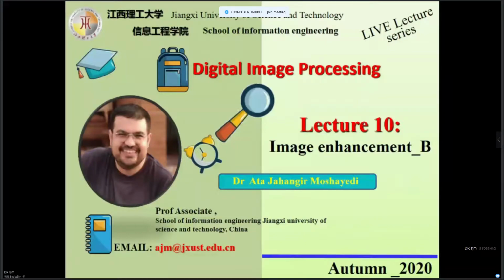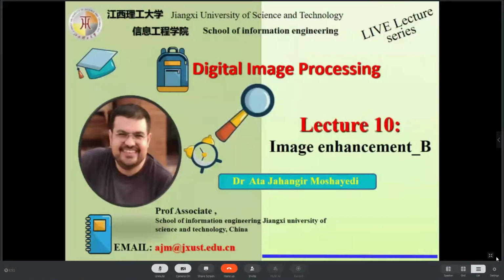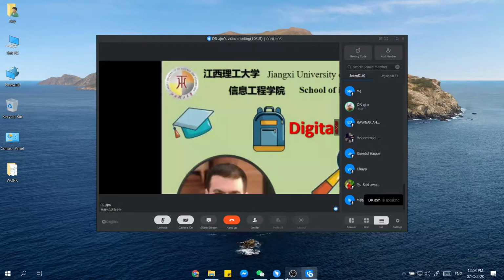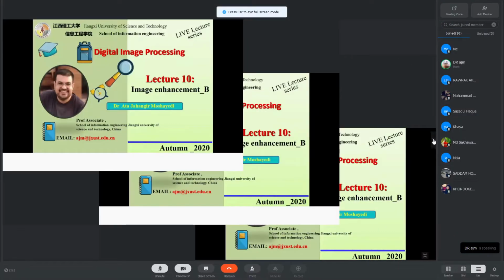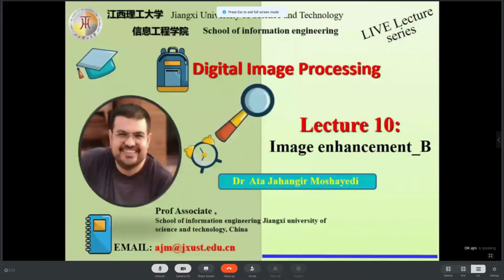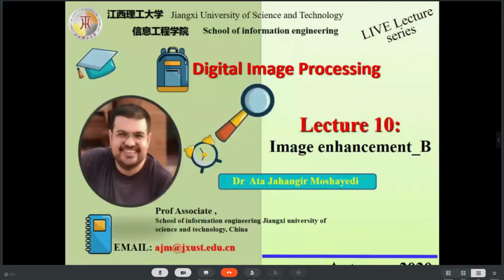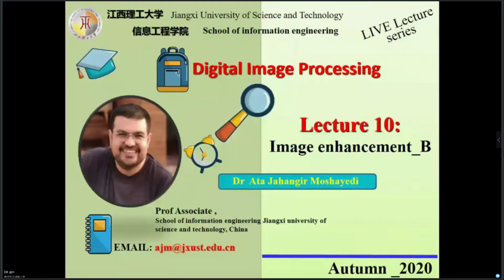What we are going to talk about today is the continuation of the image enhancement part, which we talked about last week, and some parts remain.